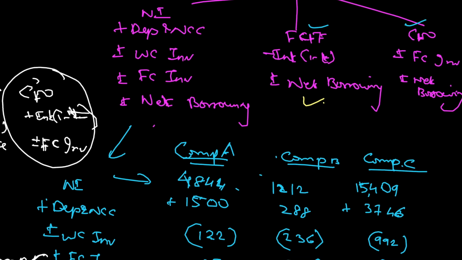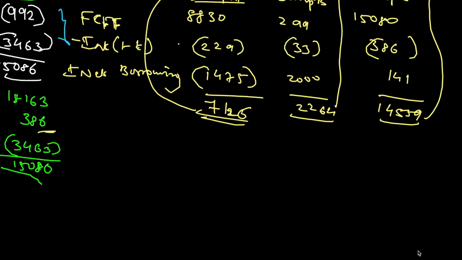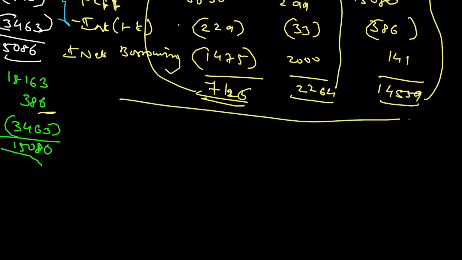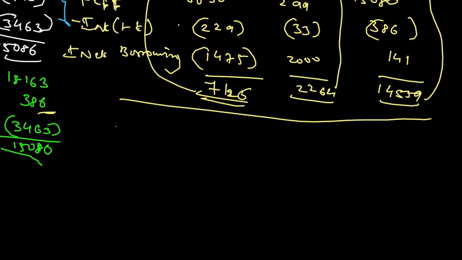Now the third formula is cash flow from operations. Let me try it with the limited space available. The formula is cash flow from operations plus or minus fixed capital investments plus or minus net borrowing.